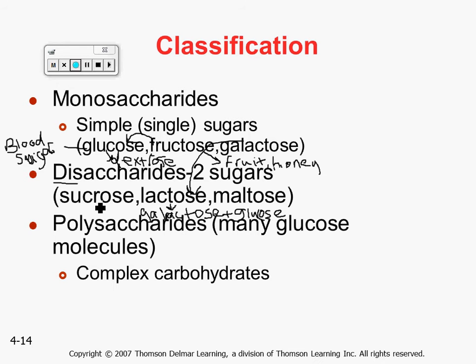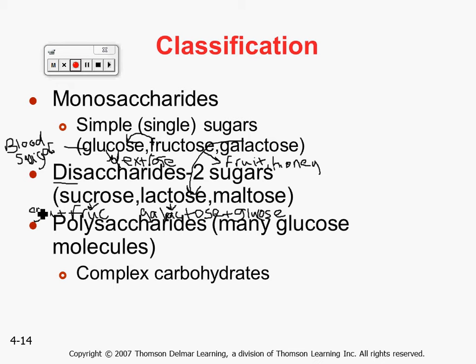What about sucrose? Is that made up of two sugars? What two sugars make up sucrose? Glucose and fructose. We're going to abbreviate this time. Are glucose and fructose monosaccharides?